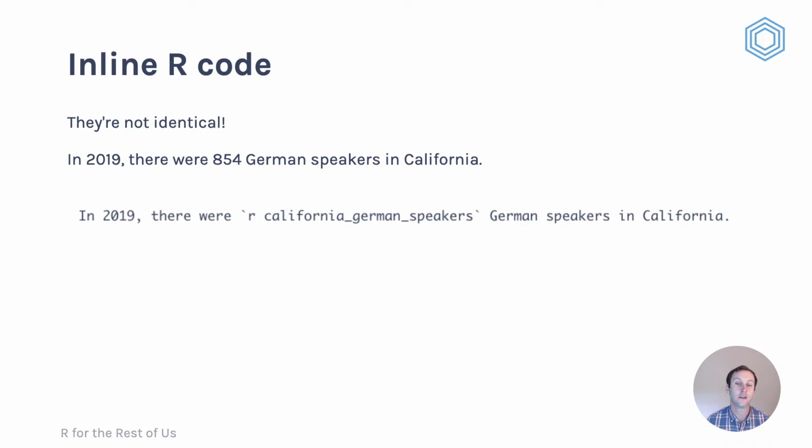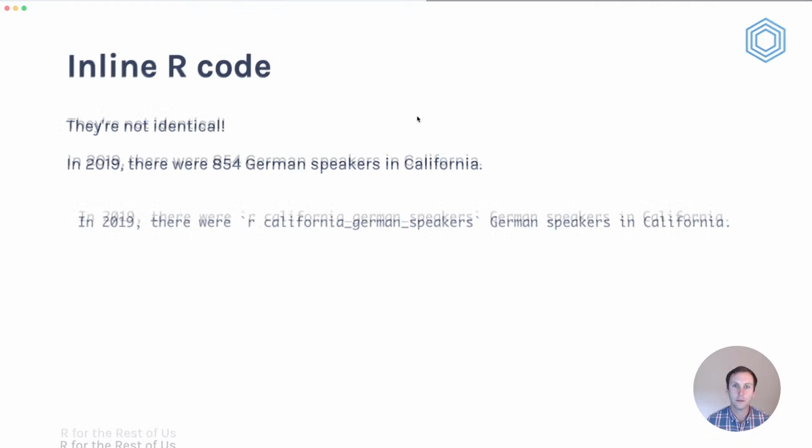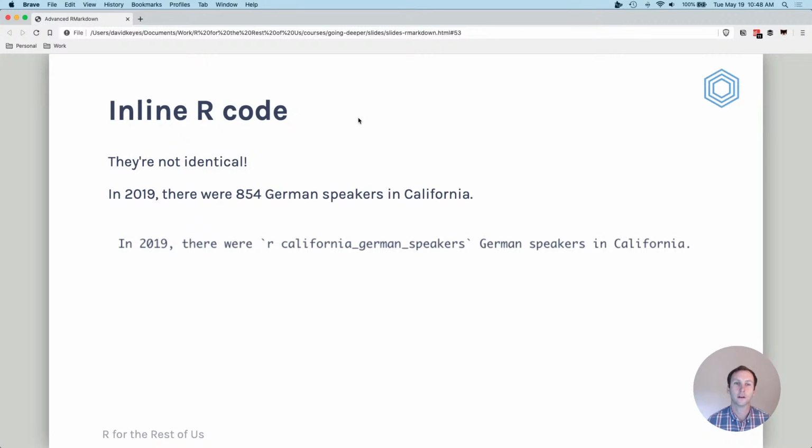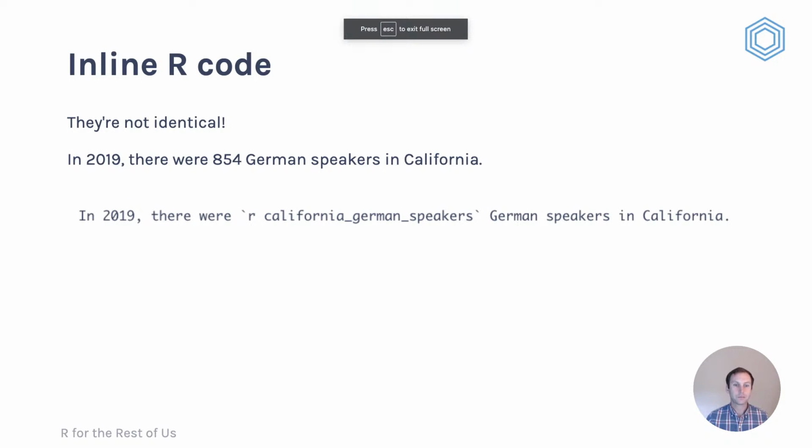In 2019, there were... what's that called? Gosh, I can't remember the name now. Backtick. Thank you. For the second one, I wrote in 2019 there were backtick R California German speakers backtick German speakers in California.